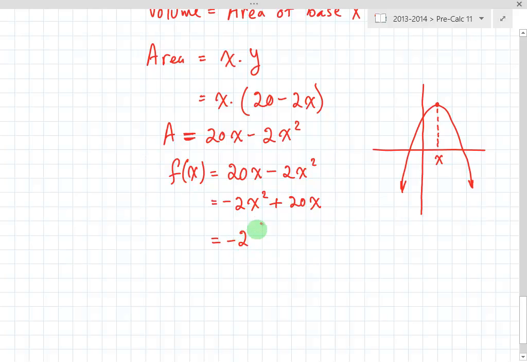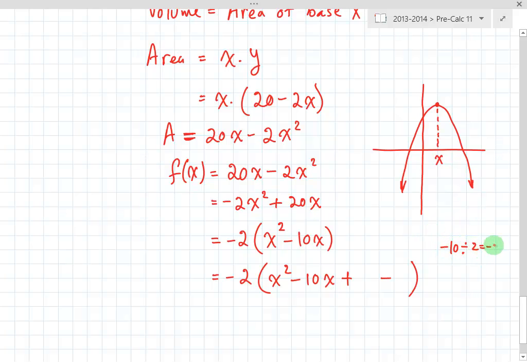I'm going to take a negative 2 as a factor. And I'm going to complete the square in here. So I have negative 2, x squared minus 10x plus something minus something. I'm going to take this negative 10, and divide it by 2. I get negative 5. I'm going to square negative 5, and I get 25.